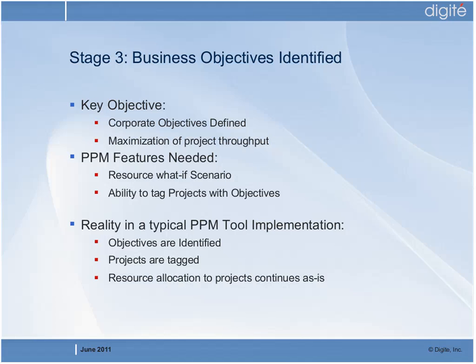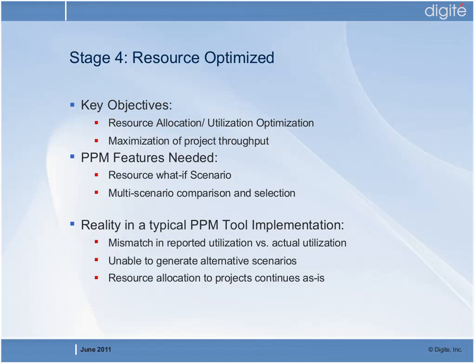So the next stage is typically resource optimization. Once you have got all your projects in one place, you've got all your resources identified and at least tracked, and you've got your business objectives identified, the effort goes to the actual allocation and utilization so far, and how you optimize that further so that you get maximum throughput for projects.